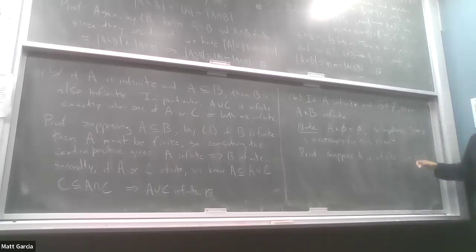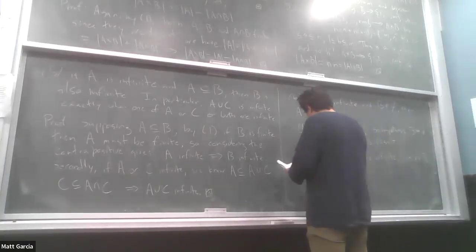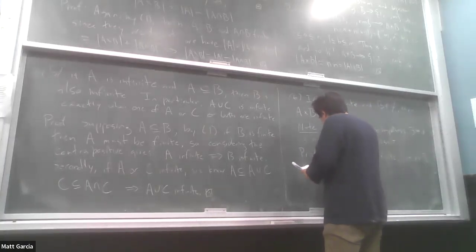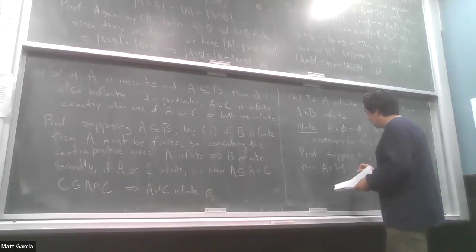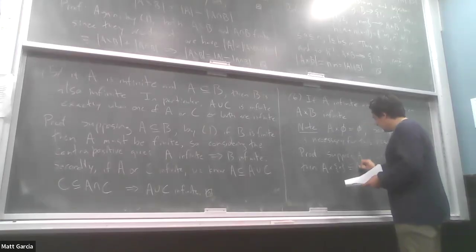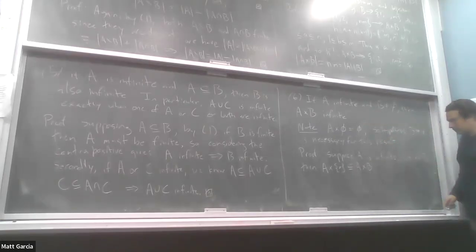I know that I can find some element x of B. Then the set A Cartesian product with the single element set x is a subset of A cross B. This goes back to the properties of Cartesian product that we discussed quite a while ago.